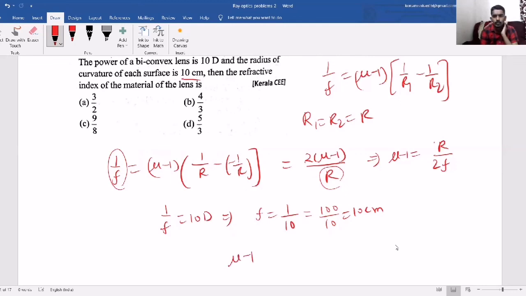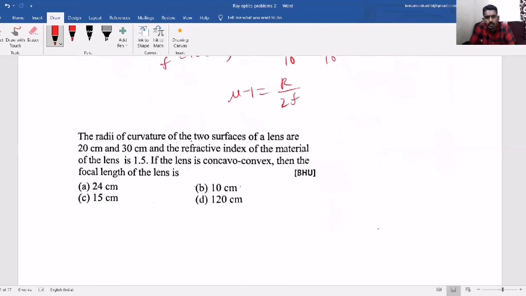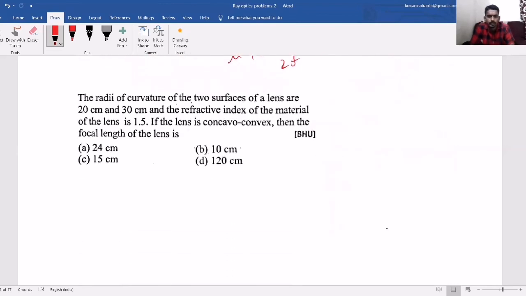Then mu minus 1 equals R by 2F, where R is 10 and F is 10. So the answer will come as 3 by 2. This way, just try to take care of sign convention at every point of time, and the formula also. Just understand and try to do it.